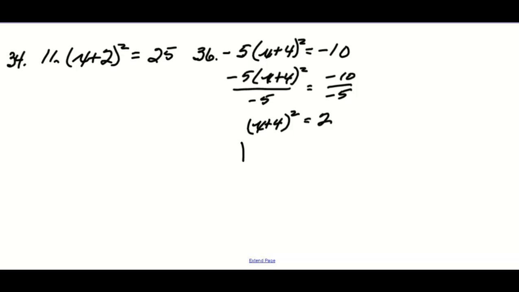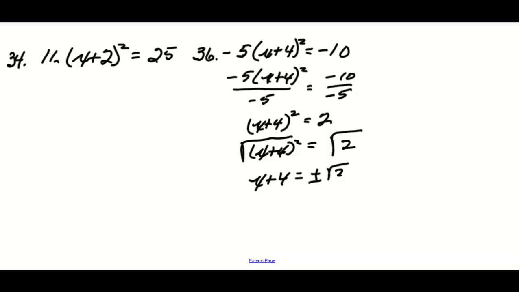Now, when we take the square root of both sides, we'll get x plus 4 equals plus or minus square root of 2.